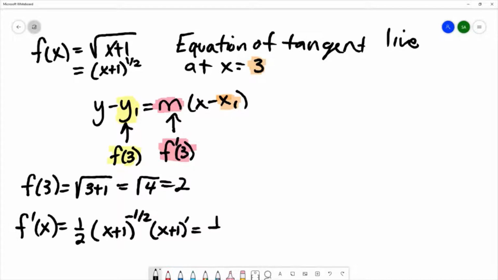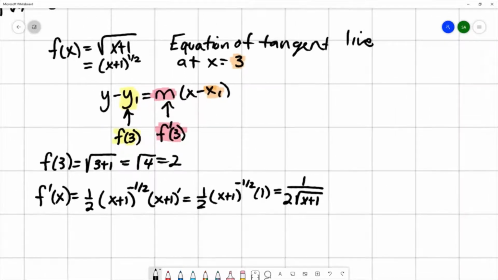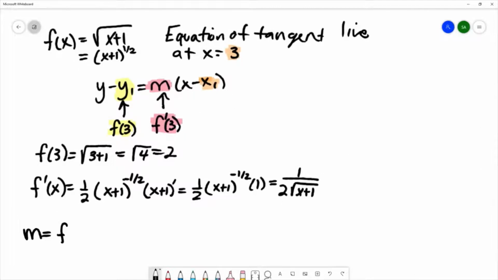So this would be 1/2 times x plus 1 to the negative 1/2. And the derivative of x plus 1 is 1. So if we simplify this, it would be 1 over 2 square root of x plus 1. So I found the derivative, and now I need to find the slope of the tangent line at x equals 3 by substituting a 3 into that derivative.